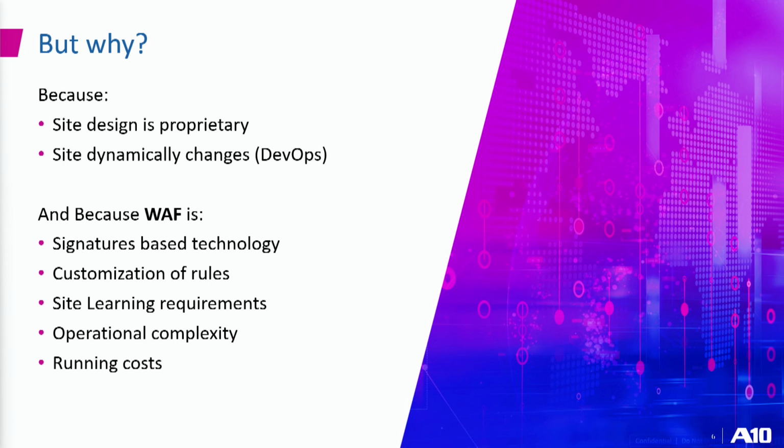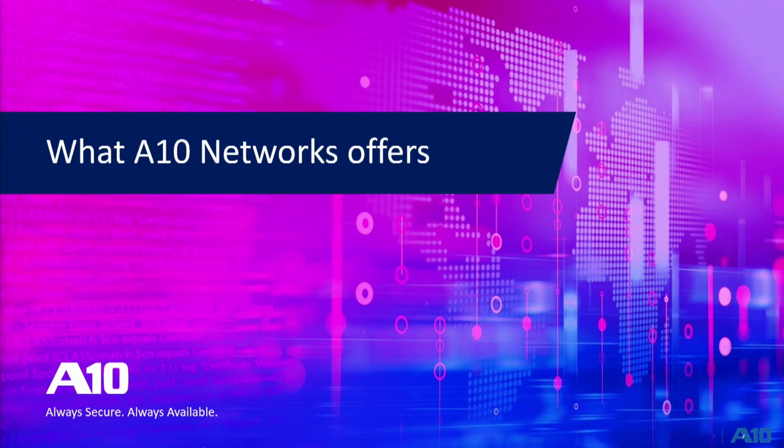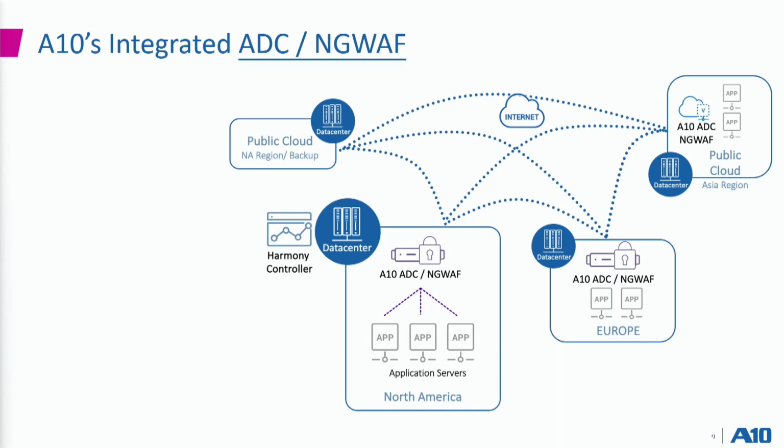They are based on signatures, like IDS, IPS technologies, so they need to learn different signatures of different attacks, and they need to update them all the time. And those regex mechanisms are not always accurate, so they create a big problem of false positives. That's why we see so many customers still using security for websites only in monitoring, and letting the SOC team try to figure out what to do manually to solve those problems.